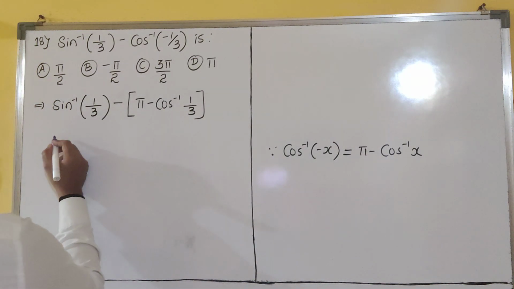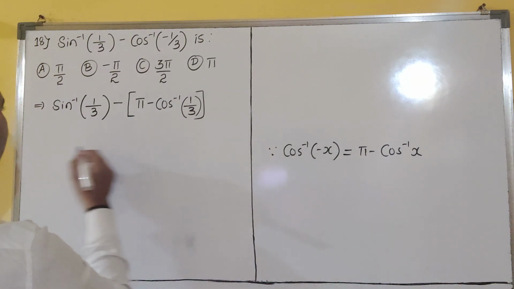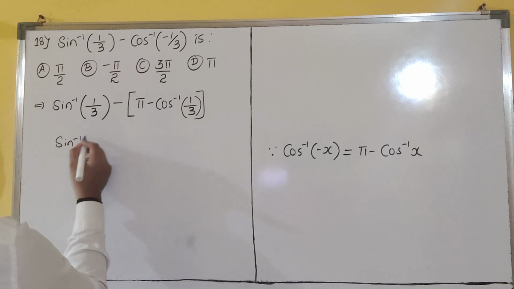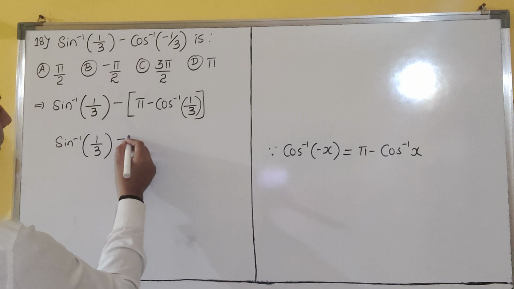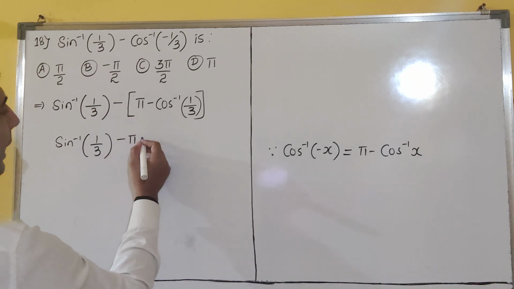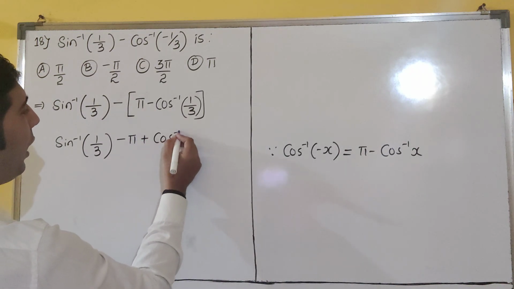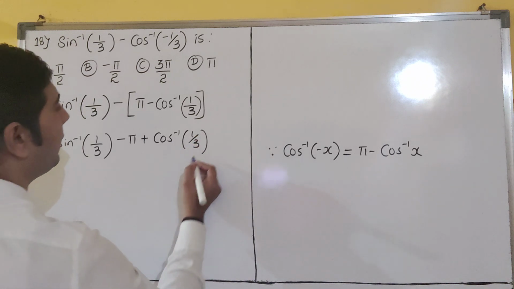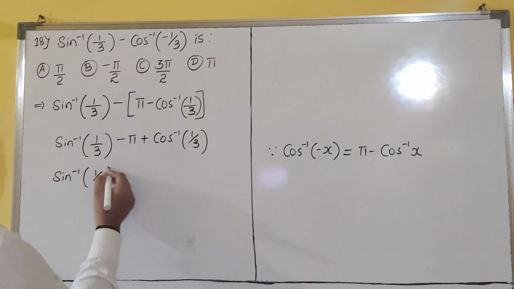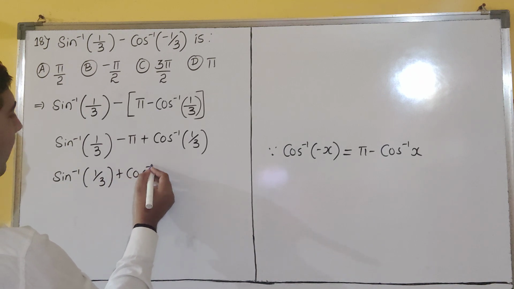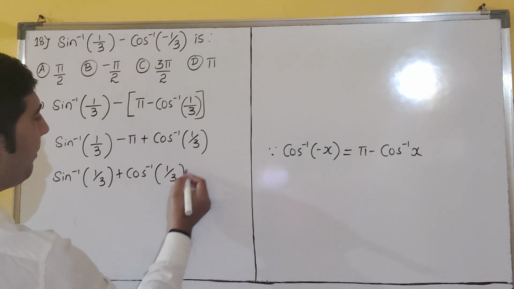So now you see how we can write sine inverse 1 by 3, I will write minus into pi, minus into minus plus cos inverse 1 by 3. So I will write together this one: sine inverse 1 by 3 plus cos inverse 1 by 3 minus pi.